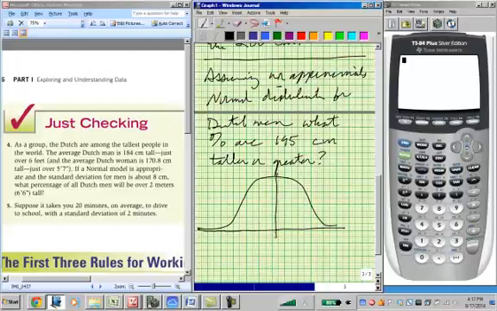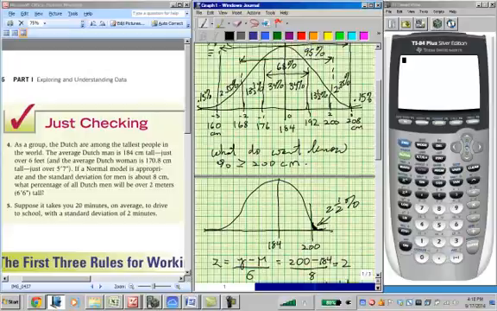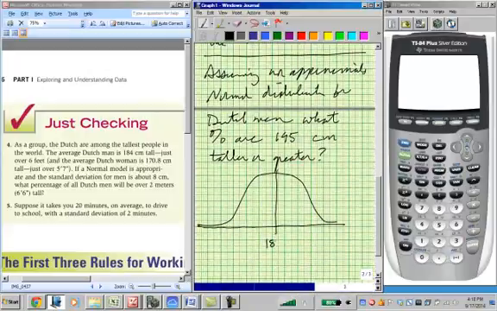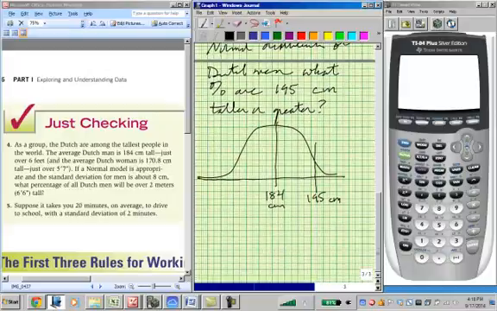Put the mean in the middle, and the mean is 184. Put down your data element of interest, 195 centimeters. This is 184 centimeters.